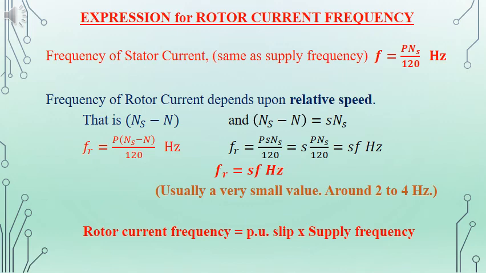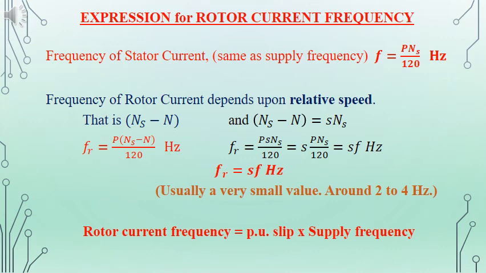And we know the frequency of the current induced in the rotor conductors depends on the relative speed between the rotating magnetic field and the rotor, that is Ns - N. We have from the equation for slip, S = (Ns - N)/Ns, so we can write Ns - N = S Ns.